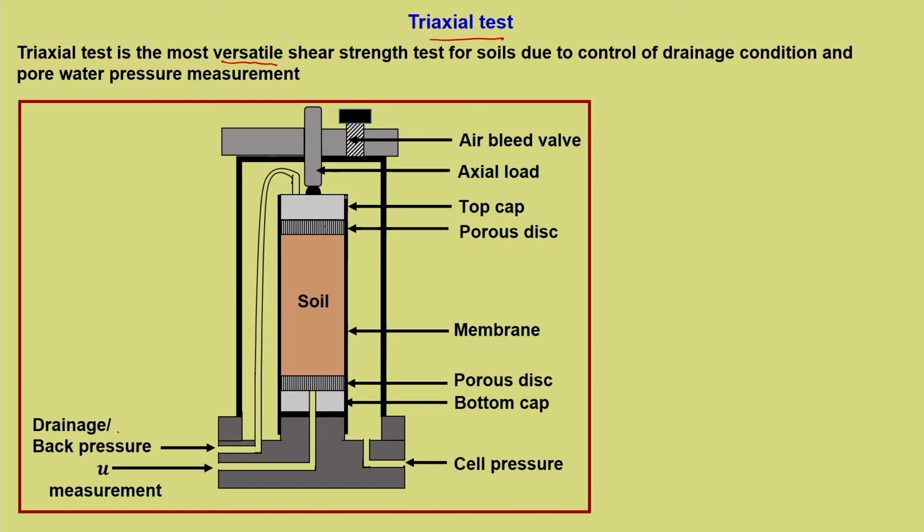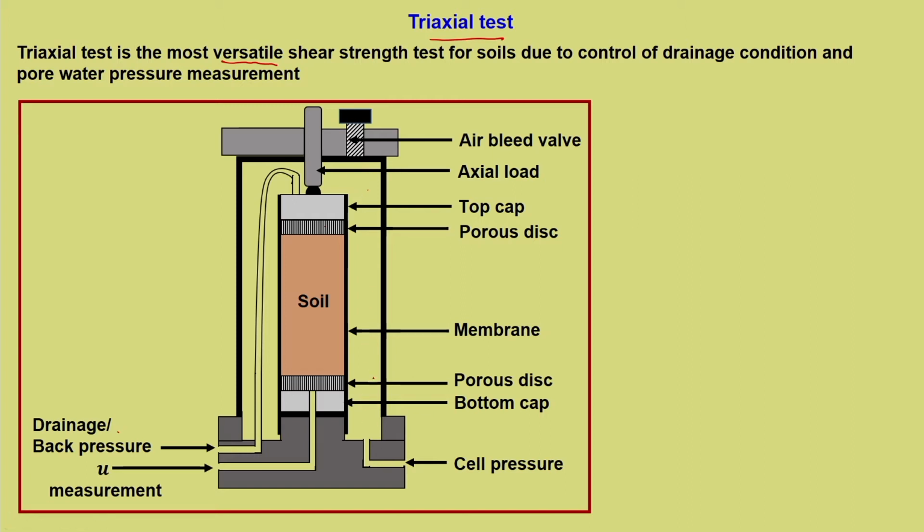Then the soil is housed inside a membrane, so that the soil is not able to interact with the water outside, because cell pressure is applied, there will be water within this chamber. This is the ram through which the axial load is delegated to the sample, and there is an air bleed valve in order to allow the air to escape from this water.